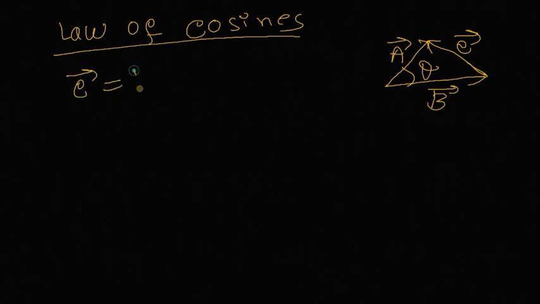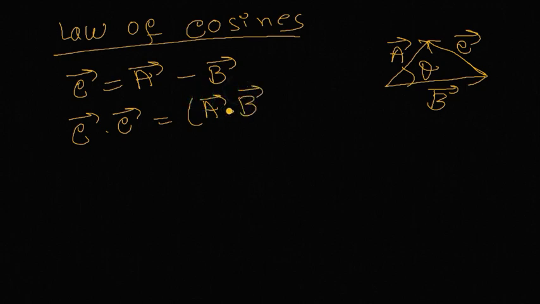Now C vector is equal to A vector minus B vector.